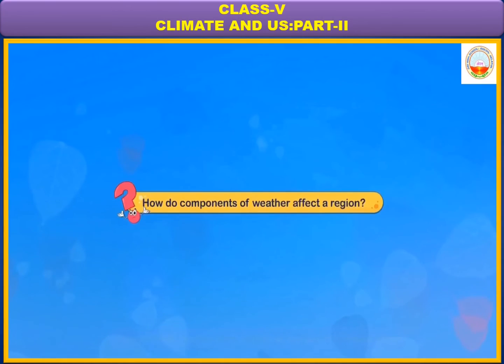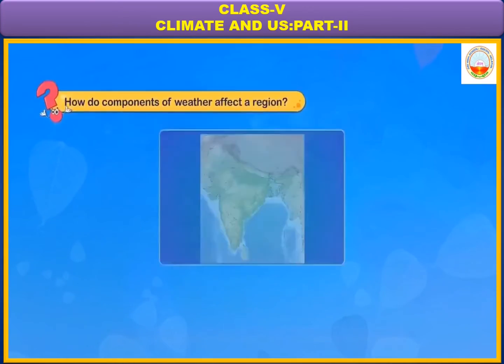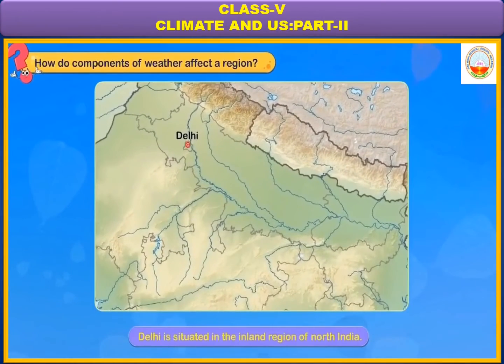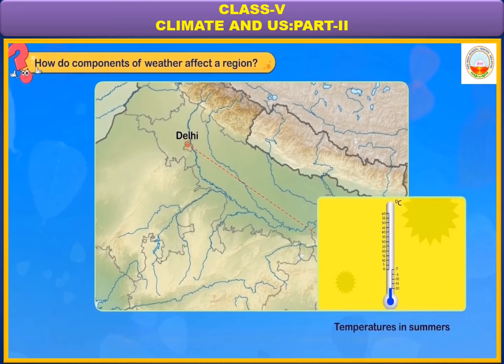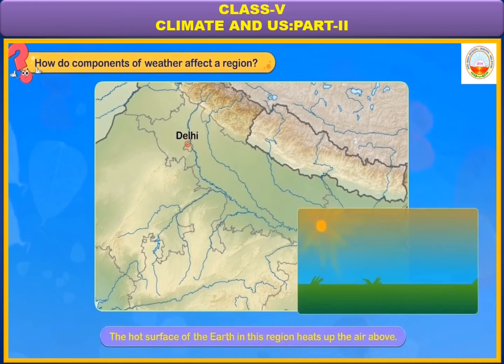How do components of weather affect a region? Children, let us understand with the help of examples. Delhi is situated in the inland region of North India. The temperature in summers goes as high as 48 degrees Celsius. The hot surface of the earth in this region heats up the air above.